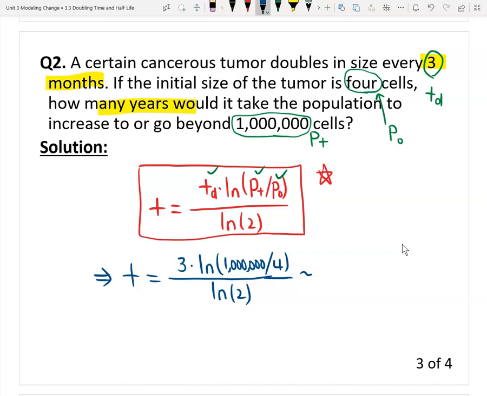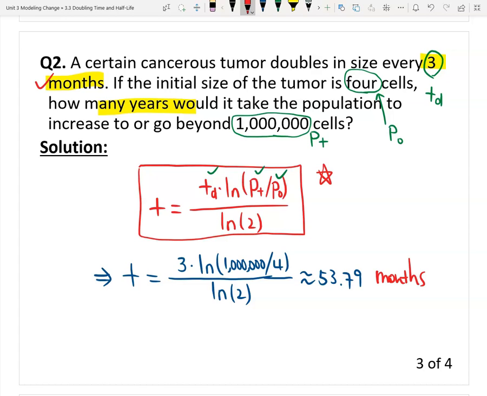We will get about 53.79. What is the unit? The unit is months, because we use the doubling time TD as months.